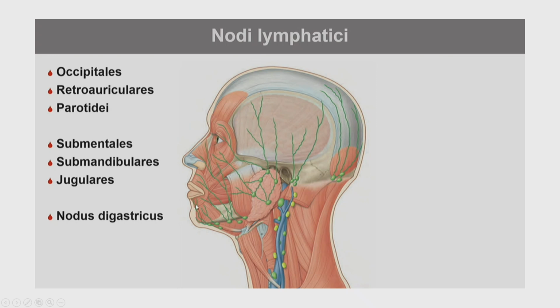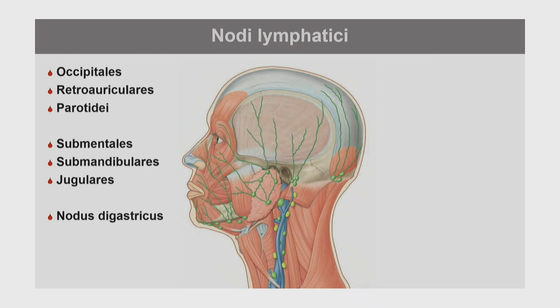Either the infection is in this area or cancer is in this area. So I will do another examination like a CT scan or MRI or sonography and other blood tests to see why the lymph node is enlarged. Mostly it's infection. It can be a tooth infection, and if I treat the tooth infection, the enlargement of this lymph node disappears. Yes? So that's why we need to know the lymph nodes.